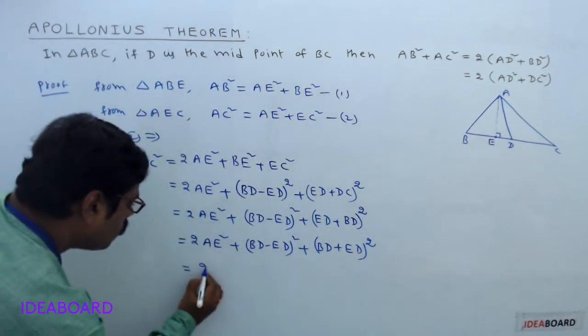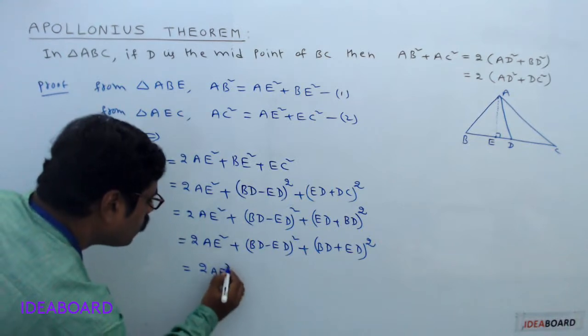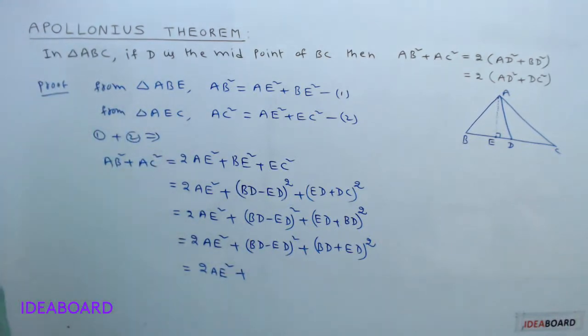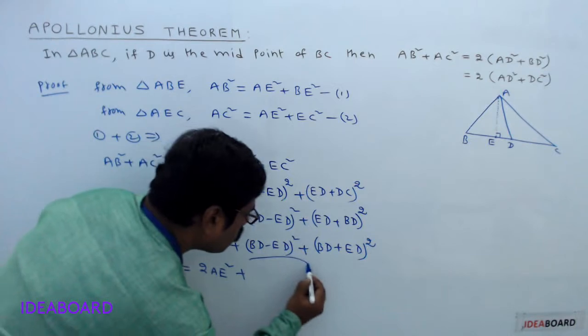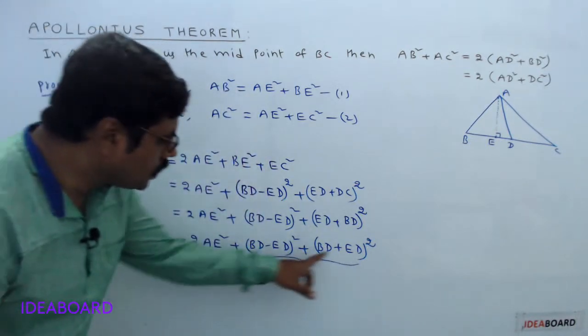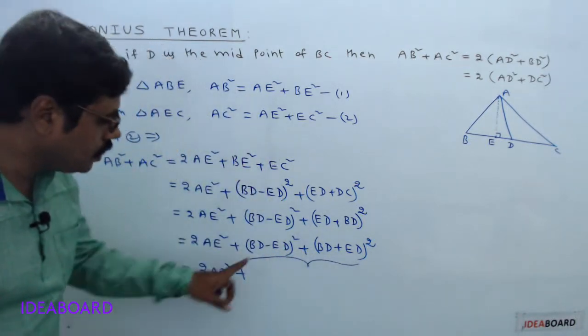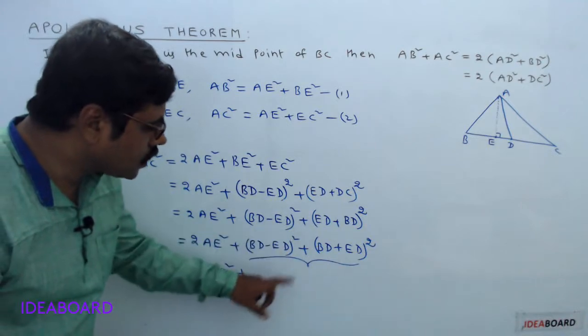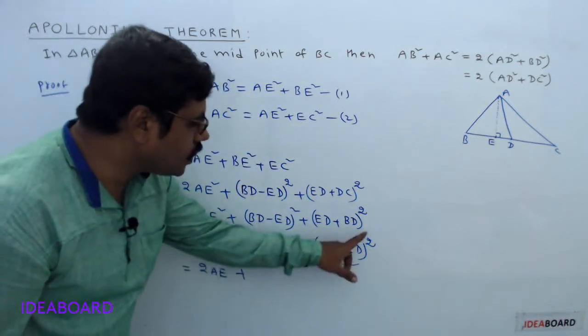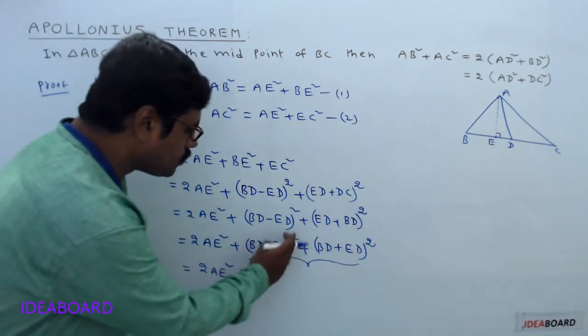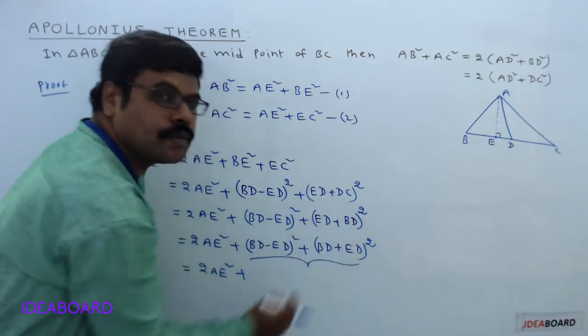Now if you observe these two terms, this expression is of the form a minus b whole square plus a plus b whole square.